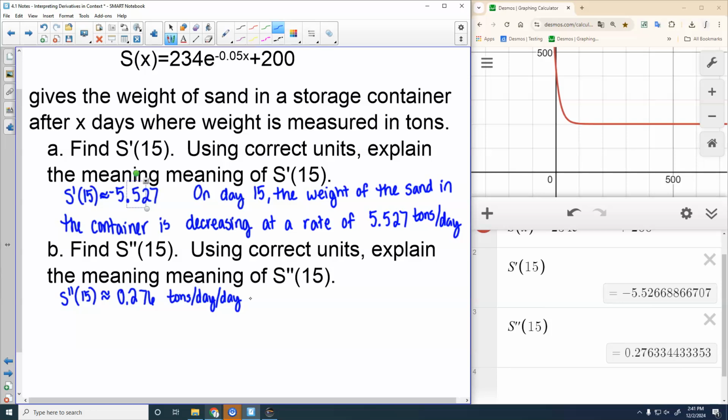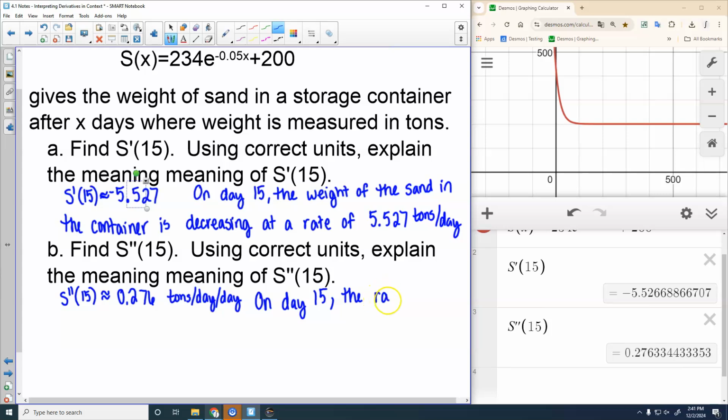In context of this, a second derivative is a rate of change of the rate of change, right? So what we want to say here is on day 15, we're not talking about the weight of the sand, we're talking about the rate of change of the weight of the sand, right?